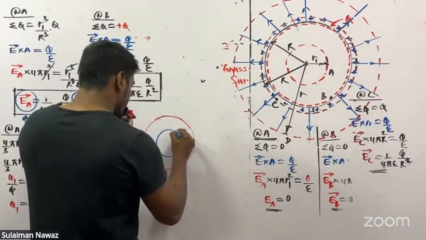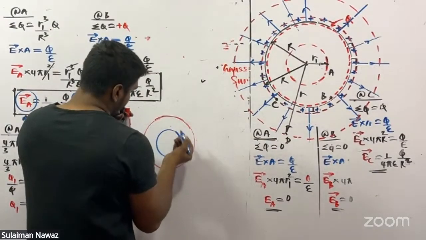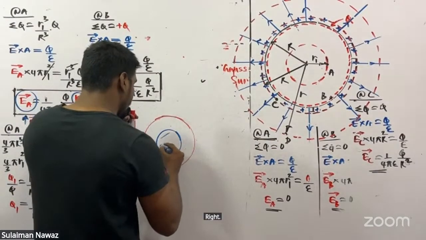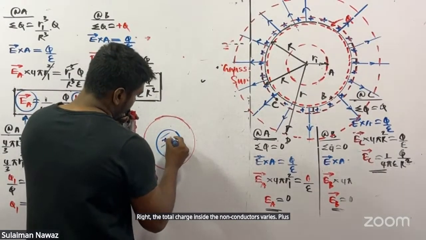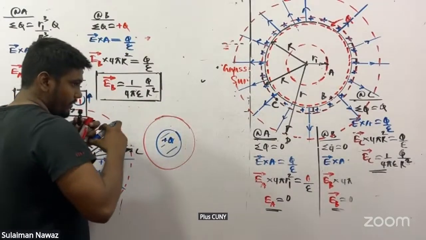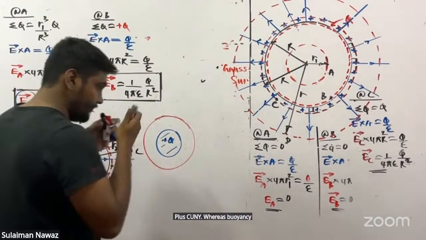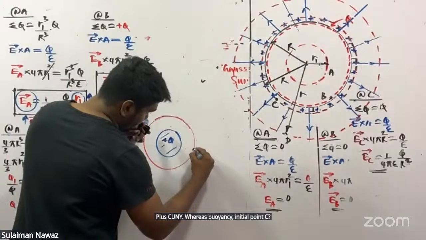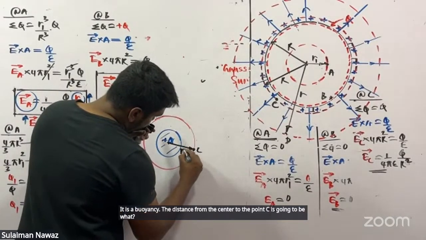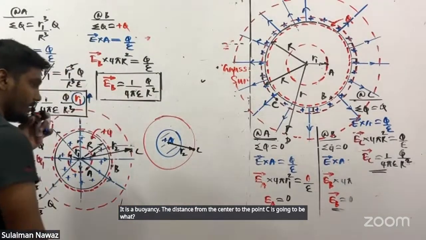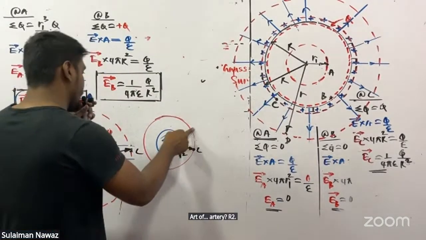The total charge inside the non-conductive sphere is plus Q. Where is point C? Here is your point C. The distance from the center to point C is R2.